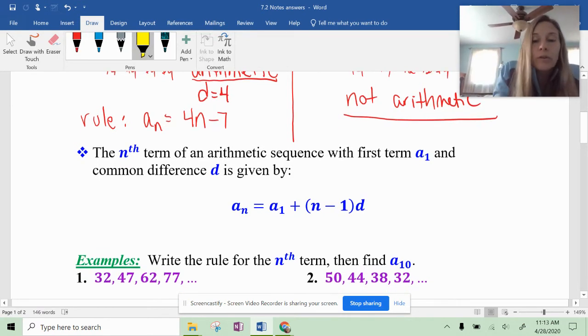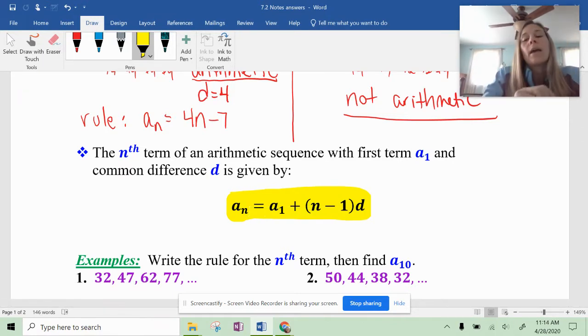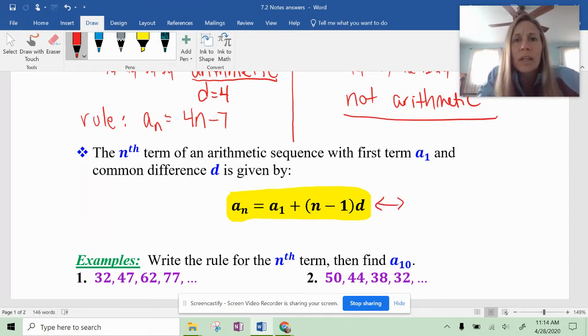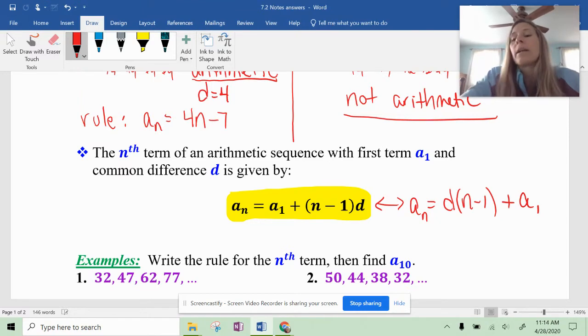Now, in this formula, you have a sub n, and it's written as a sub 1 plus n minus 1 times d. We're so used to distributing things from the left, so a lot of times I like to rewrite this as d times n minus 1 plus a sub 1, and I'll write it that way.